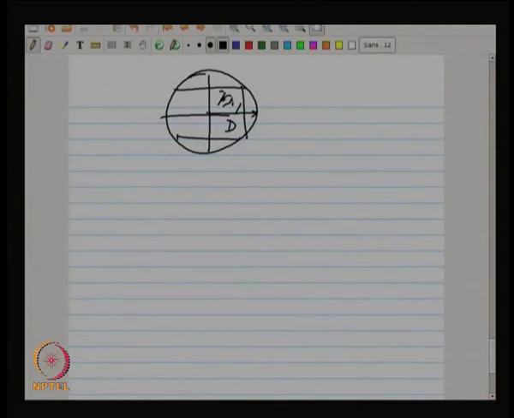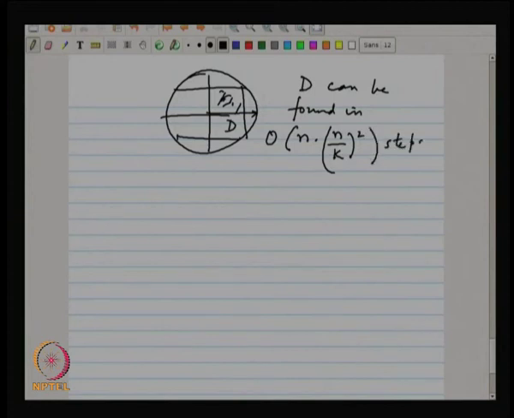And how do you find this, and how quickly can you find this approximate disk? D can be found in order n time using a very simple algorithm. There are many ways of doing it, but I am just stating one of the simplest. If k is omega n, or let us say alpha n, this is order n.